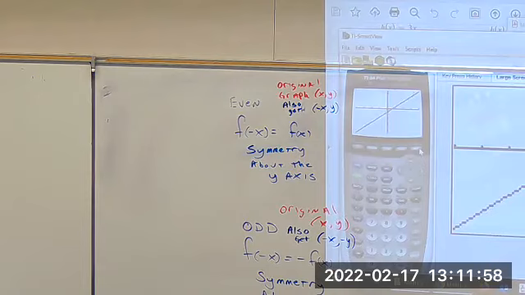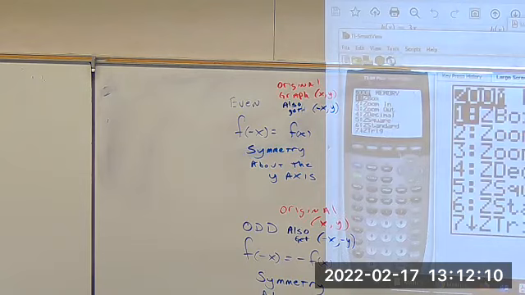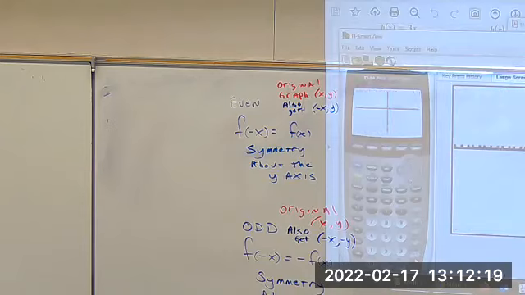The distance for a 1 on the y is not the same as the distance for a 1 on the x. So the way you can make this nice, because I did a zoom fit before, is to do a zoom square, option 5. And that'll square everything up. And that's a little bit better.